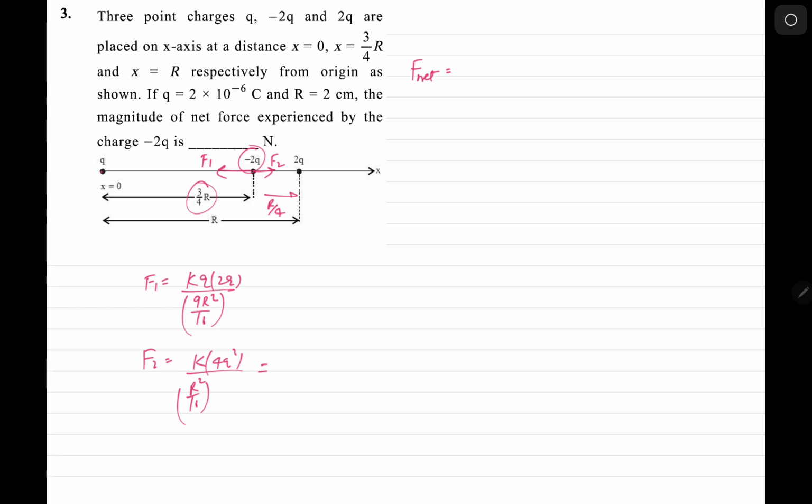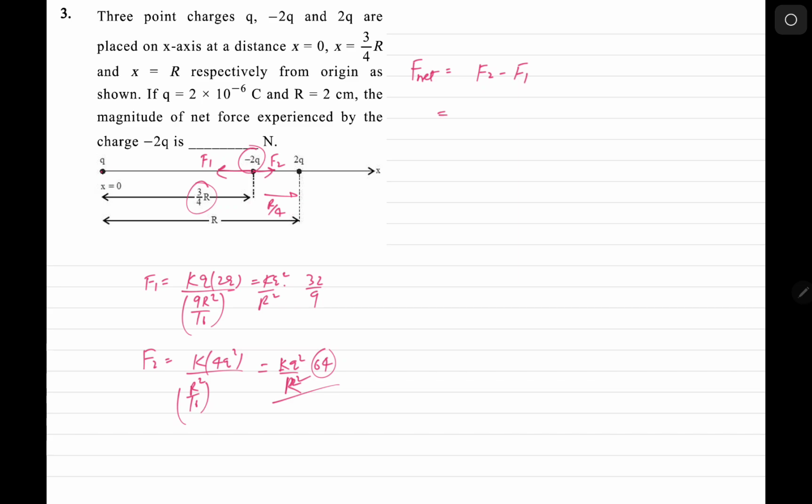So we'll make kq square by r square 64, and here it will be kq square by r square 32 by 9. You can see easily this force is bigger than this force, so I'll do F2 minus F1.